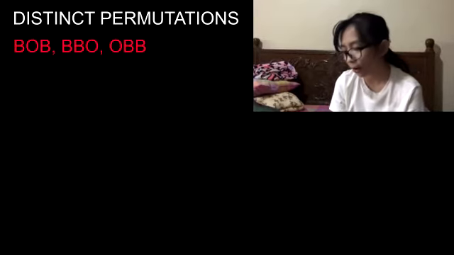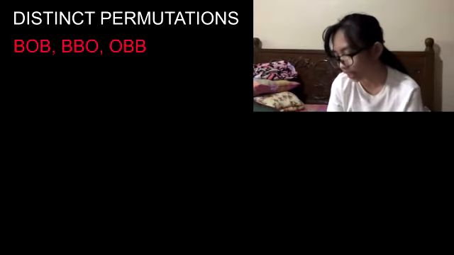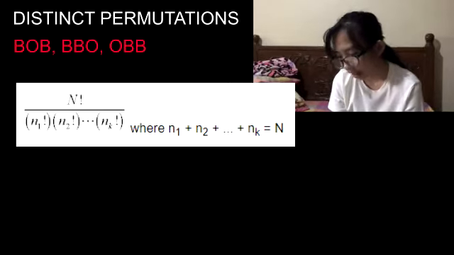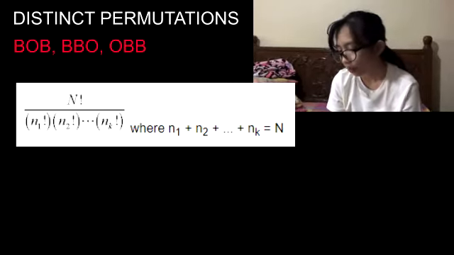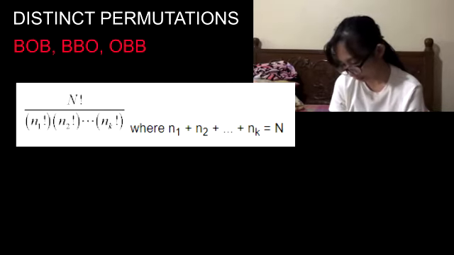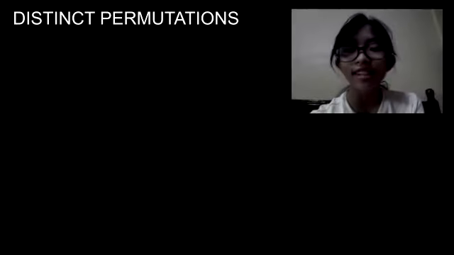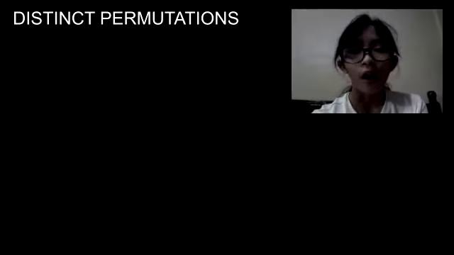To find the number of distinguishable permutations, take the total number of letters, factorial. Divide by the frequency of each letter, factorial. Now, this is an example of a distinguishable permutation.